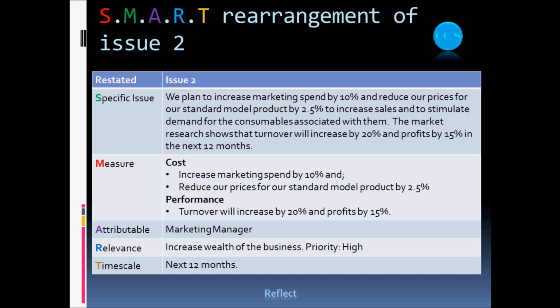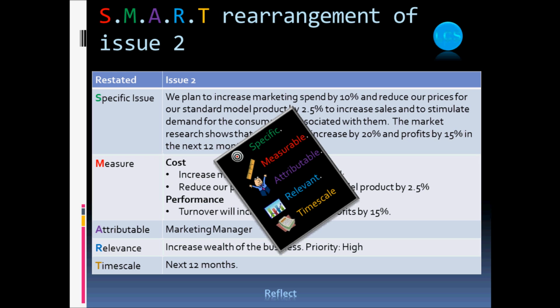We can see here that this is highly relevant because it has a specific statement of wealth increment for the business, and of course the priority would be high. And this timescale is clear, 12 months. Naturally, we can have monthly and quarterly milestones to ensure that we remain on target for results. It's very specifically a SMART approach.